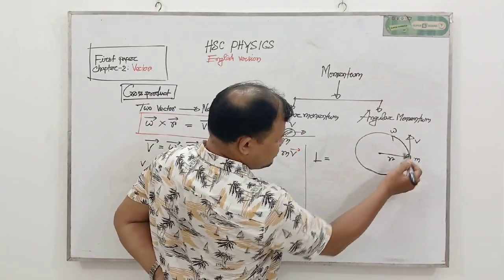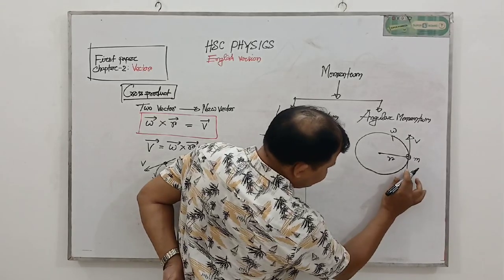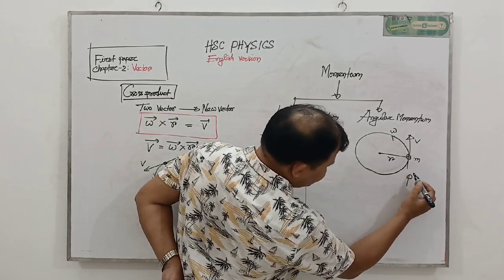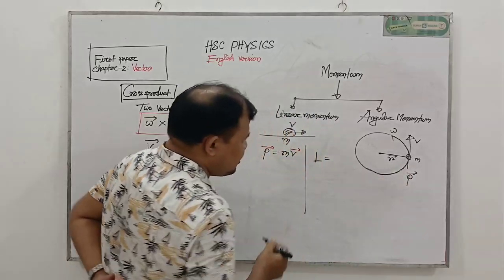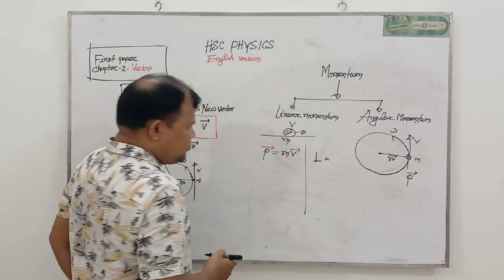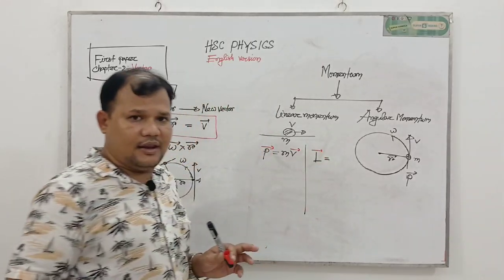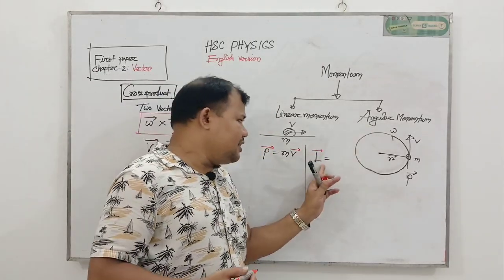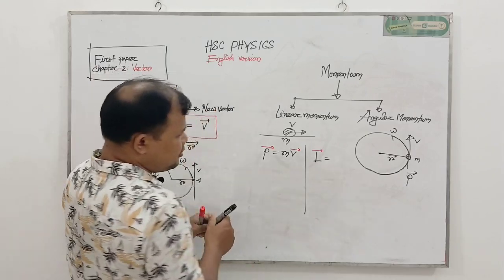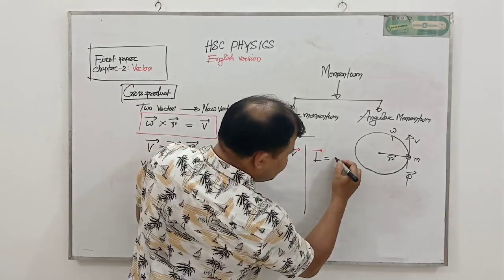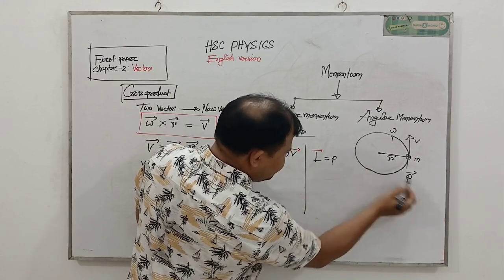As this body has mass and linear velocity, this body also has linear momentum. Okay, linear momentum is represented by P, and r is a radius vector. As angular momentum is a vector, we represent it by L. Angular momentum we represented by L. Now what will happen?